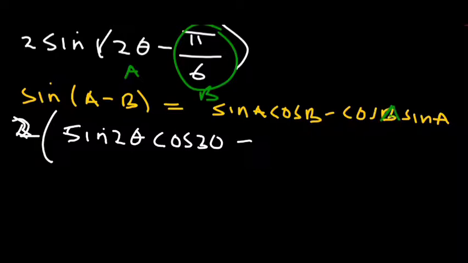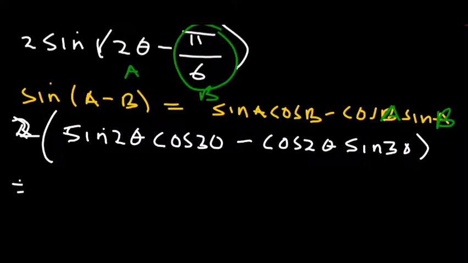It needs to be cos A, then sine B. Please make a correction there. I made a mistake. I'm sorry about that. So we're going to say minus cos A. So what is our cos A? So cos A is cos 2 theta. Our A is 2 theta. Then times sine B. So what is our sine B? Our sine B is the same as sine 30 degrees because our B is 30 degrees.